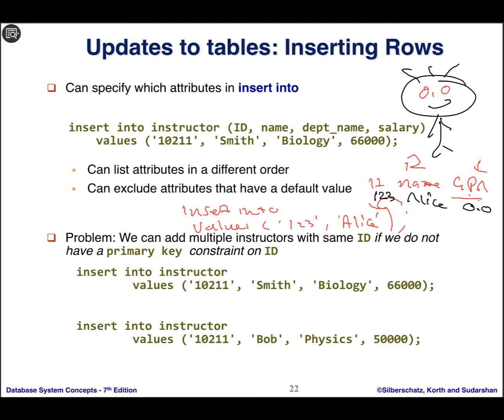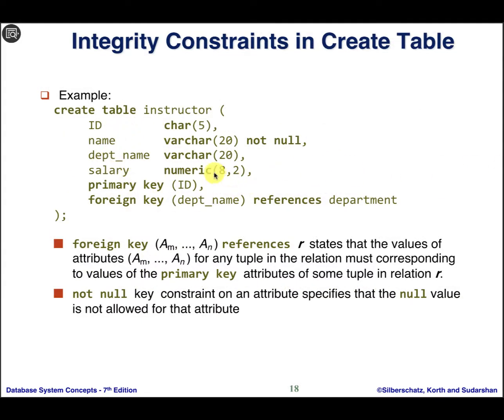Question. Why do we need a primary key, by the way? What if, when you define our table, if you take a look here, just to show you the way that we define the table instructor. Yeah, if I didn't define that, I didn't define this information.